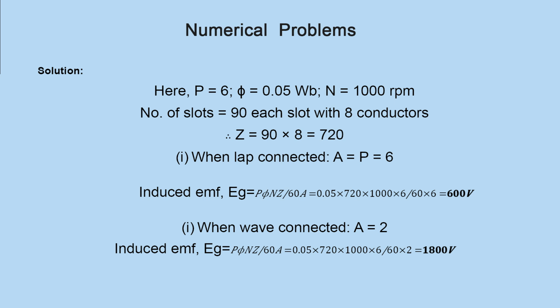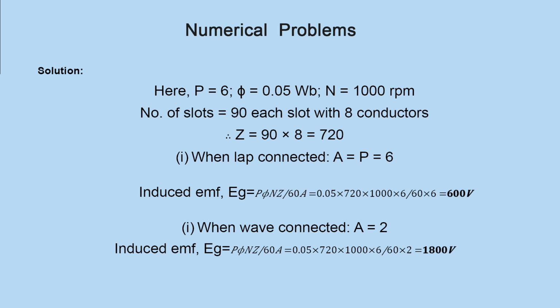Substituting those values, you will obtain the induced EMF as 600 volt. Now the same machine is reconfigured for wave winding. If you substitute those values except A equal to 2, then you will obtain the induced EMF for the wave connected armature winding as 1800 volt.